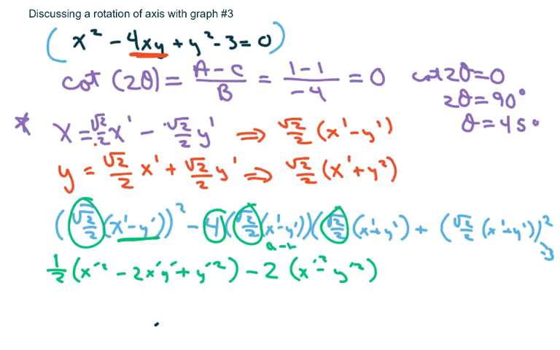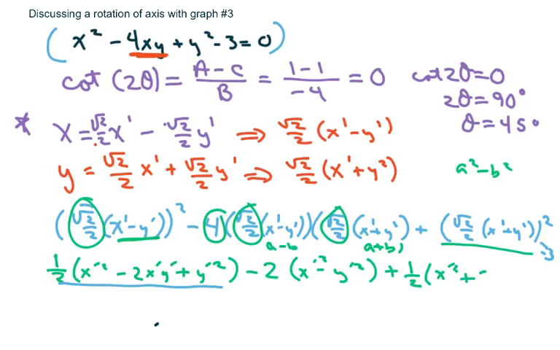Remember, this has the form a minus b times a plus b, which we know is a squared minus b squared. That's all I did. And the same thing, this is exactly like this here, but with the plus, so plus 1/2 times x prime squared plus 2 x prime y prime plus y prime squared, and this equals 3. Now in the next slide, I'm going to simplify all this and then solve.